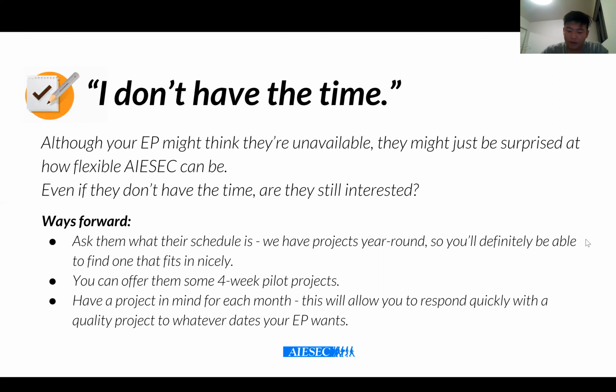Instead, you already have a database of good projects for each month. So if the EP says they're available from, let's say, July to August, then you'll already know, okay, for July to August, these are the projects that we've already vetted.